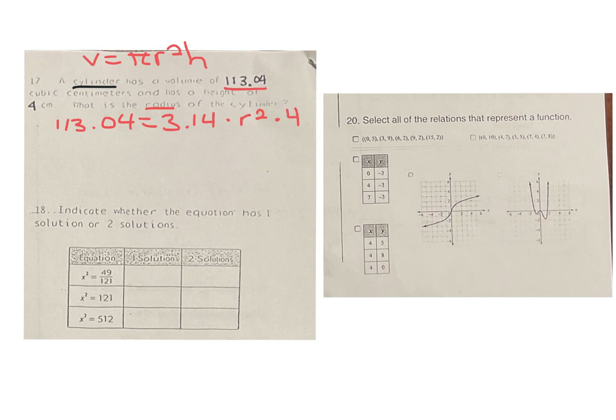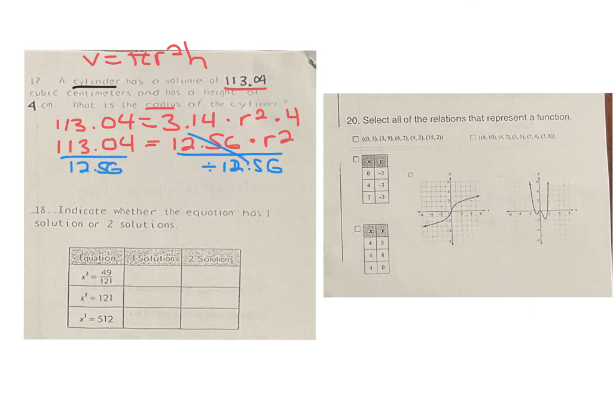So now before we isolate and solve for r, let's simplify like terms. So 3.14 times 4 would give me 113.04 is equal to 12.56 times r squared. Using inverse operations to work towards isolating for r, I'm going to divide by 12.56 on both sides.